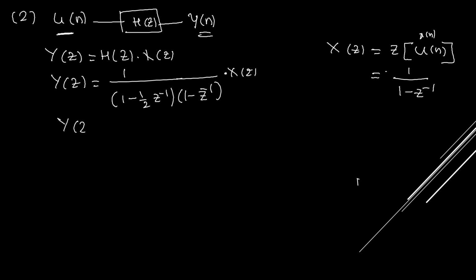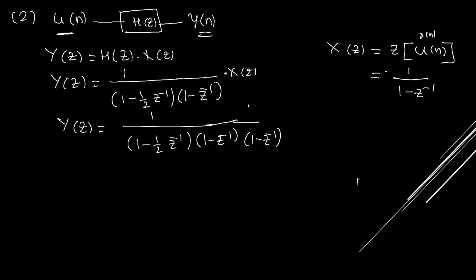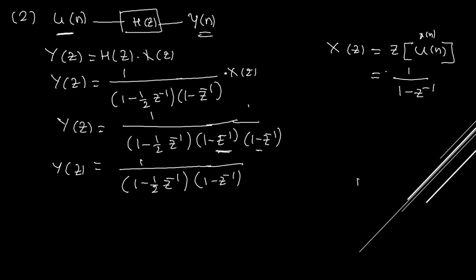Now Y(z) is equal to your H(z), that is 1 by (1 minus 1 by 2 z power minus 1), into 1 by (1 minus z power minus 1), and that is X(z). If you simplify further, Y(z) is equal to 1 by (1 minus 1 by 2 z power minus 1) into (1 minus z power minus 1) whole square.